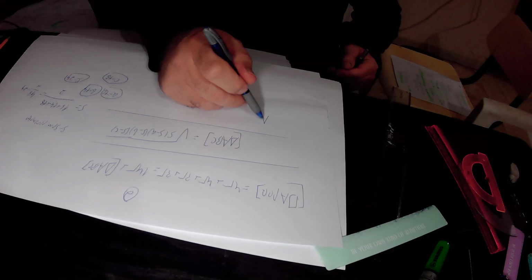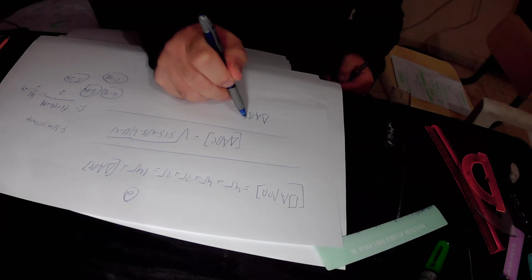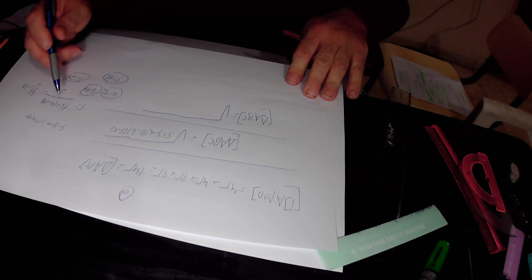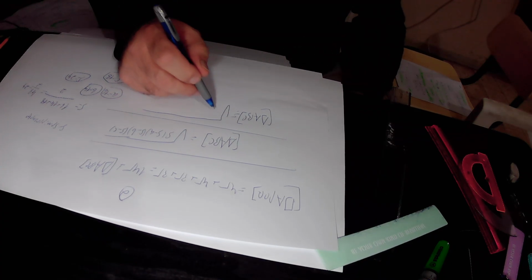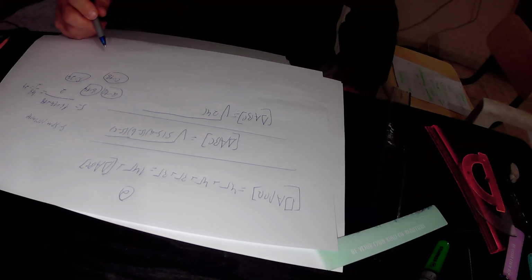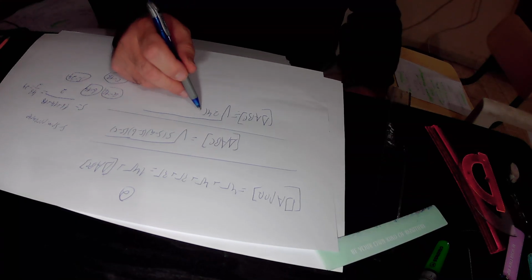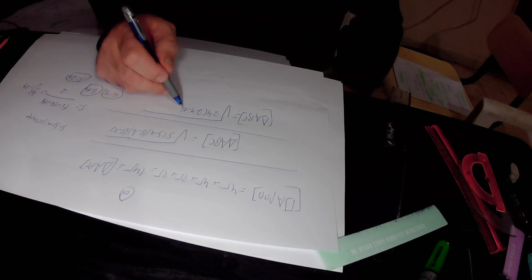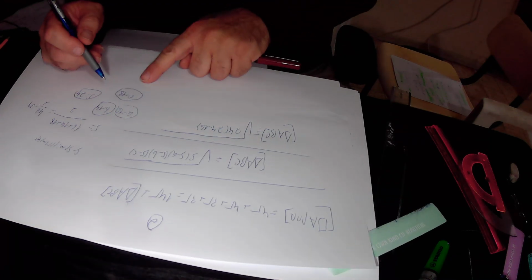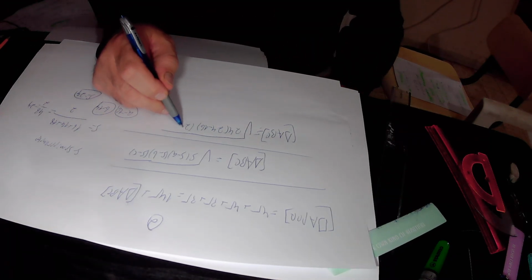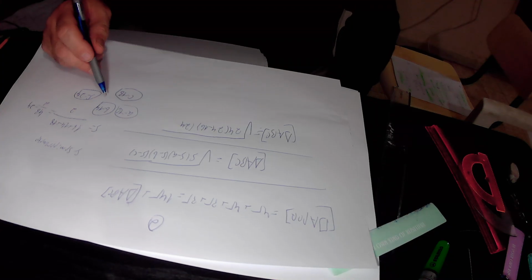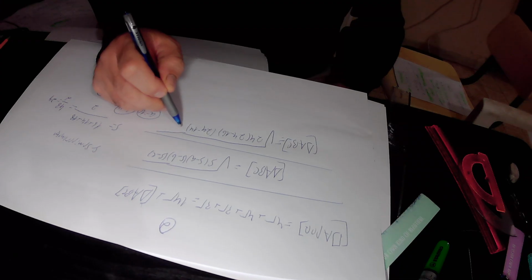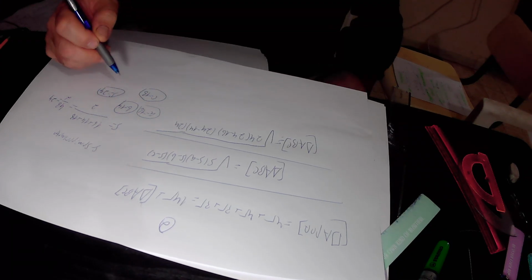So the area of triangle ABC equals the square root of S, which is 24, times S minus A, where S is 24 and A is 16, times S minus B, where S is 24 and B is 14, times S minus C, where S is 24 and C is 18.